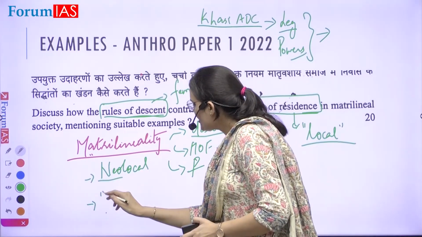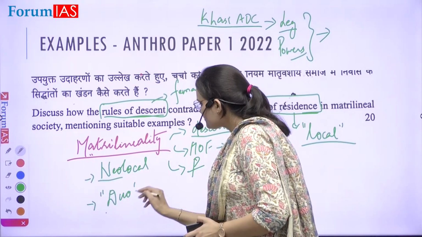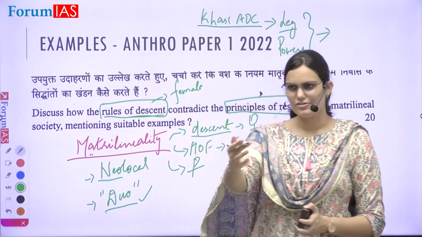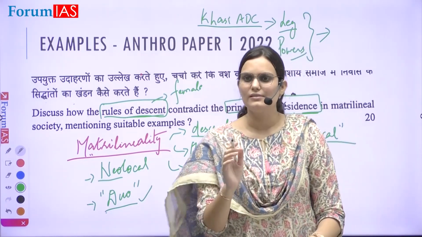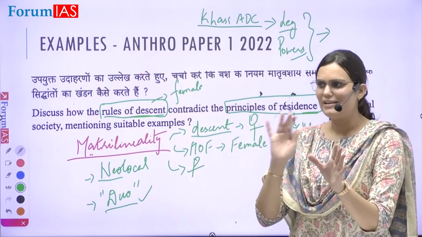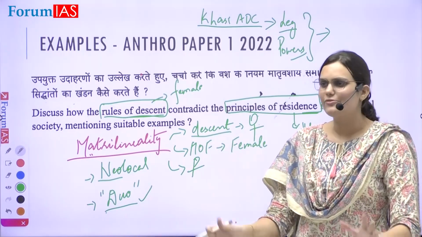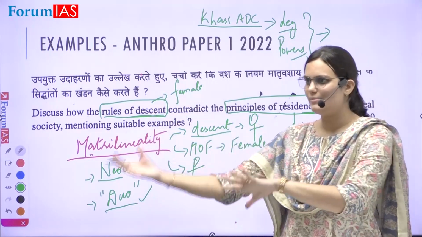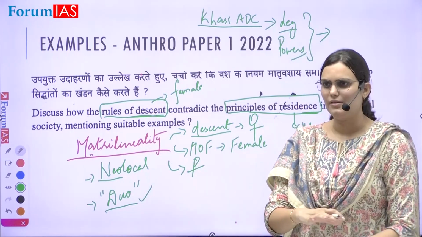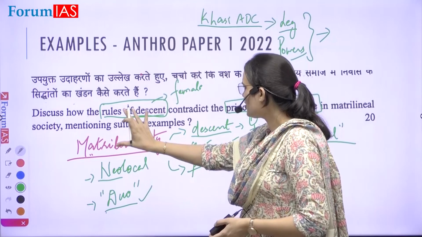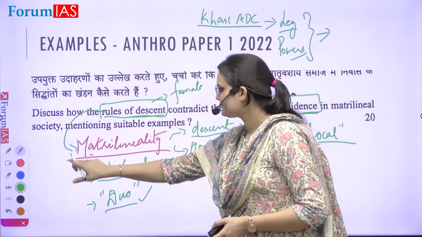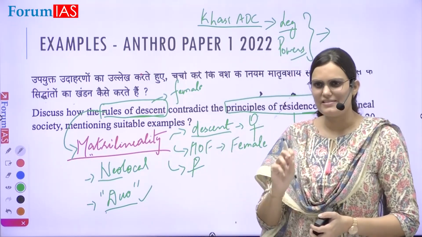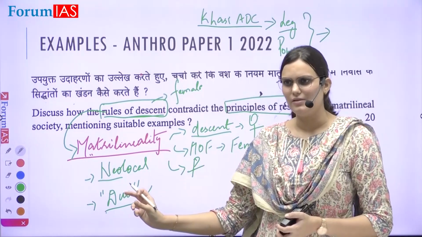Another term which I used was duolocal. This is in light of the discussion we had right now, that the maternal uncle is at two residences within 24 hours of the day. That is called duolocal. Or sometimes you stay with one family and at other times with the other family. So though here we are talking about matrilineality, the rule of descent says it has to trace through the female line.